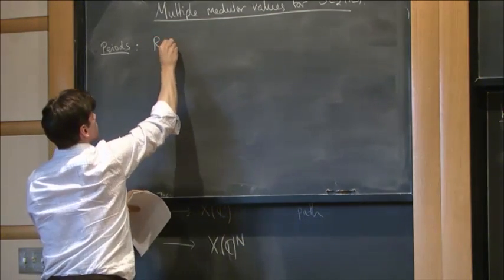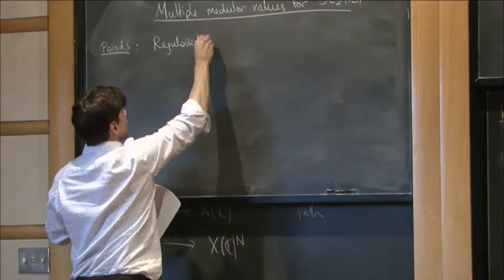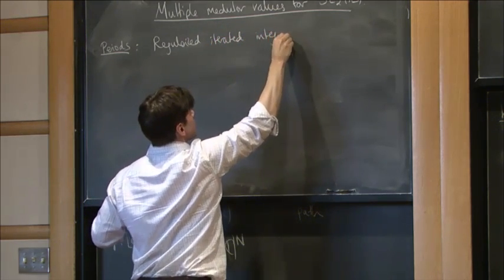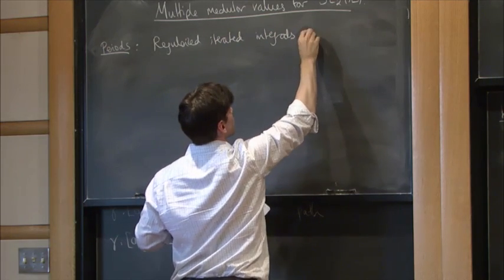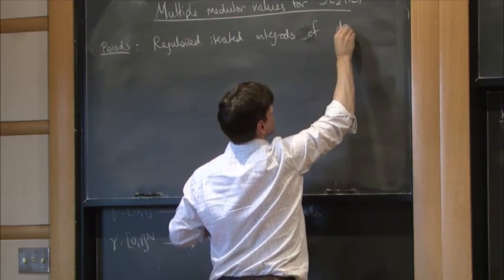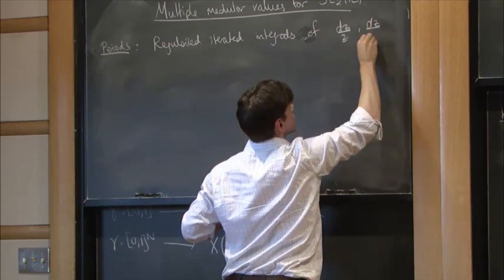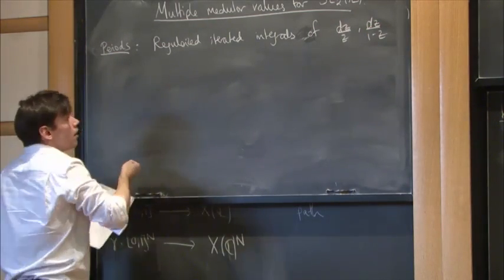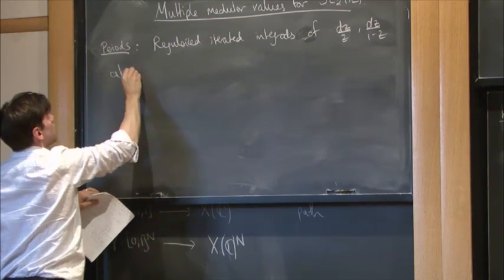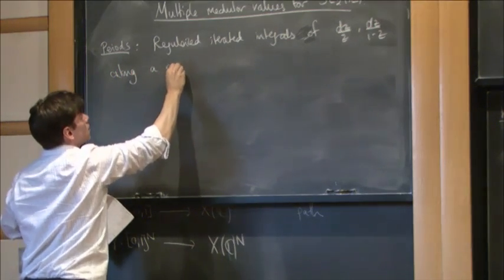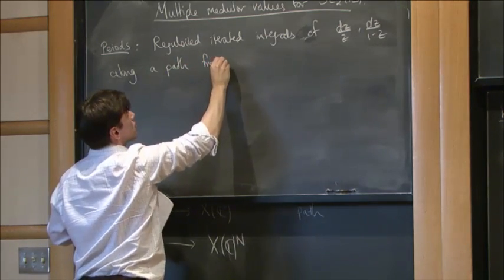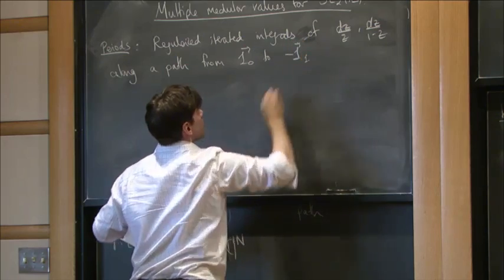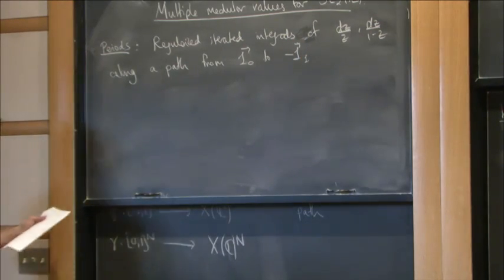And the upshot is that you get regularized iterated integrals of the only two differential forms you have on P1 minus 2 points, which are defined over Q, along a path from 1, 0 to minus 1, 1. And there's a canonical such path, just go in a straight line.